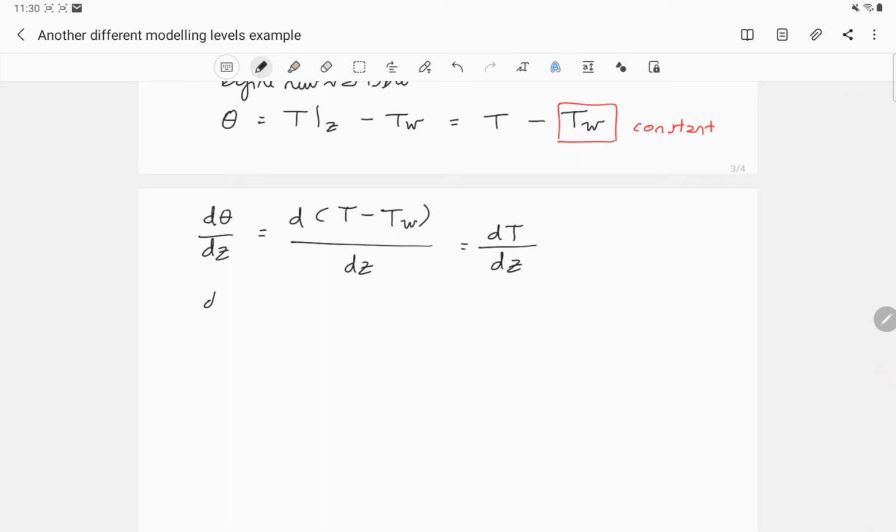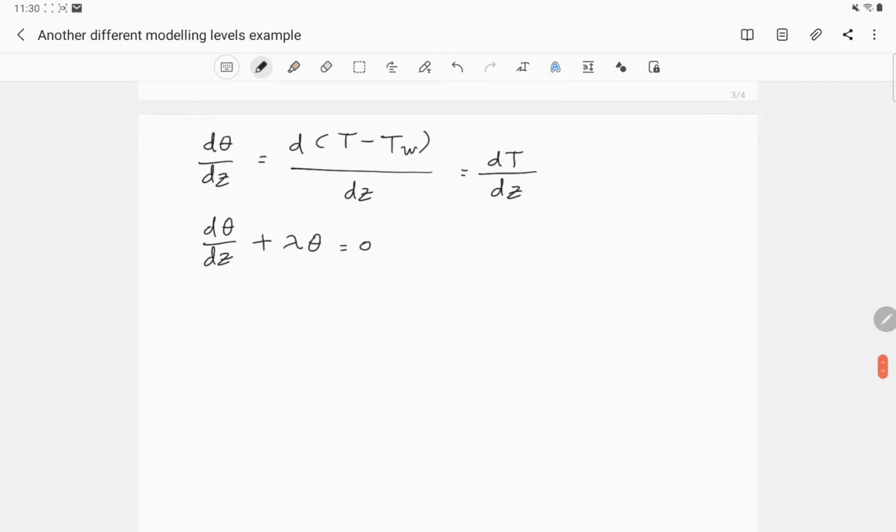With this, then we can move on into the next step. d theta over dz plus lambda theta is equal to 0. Then we will be using the method of separation of variables, okay, where we lump the same variables together on the same side.